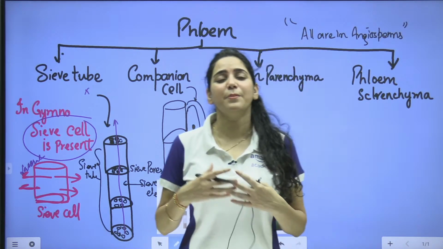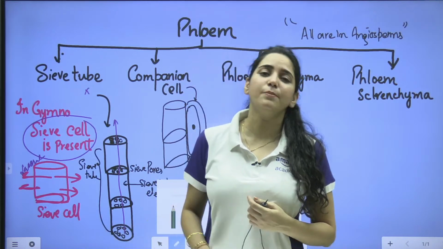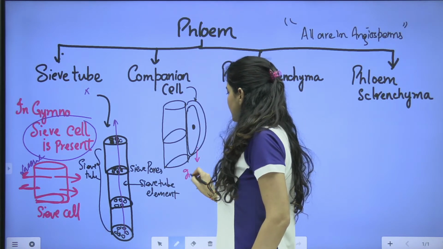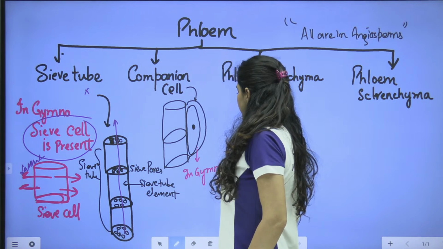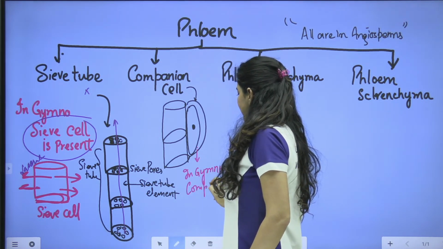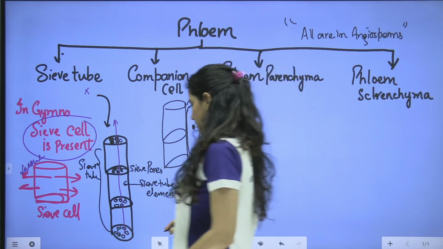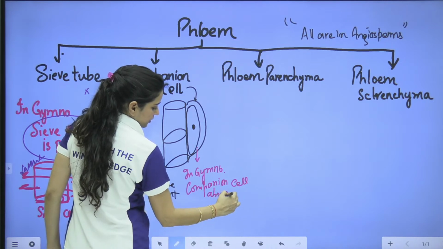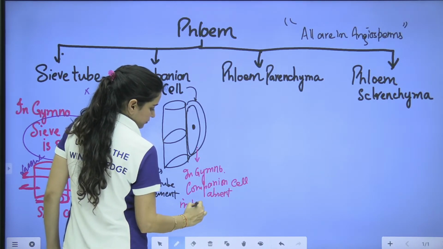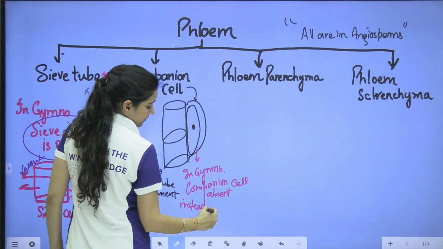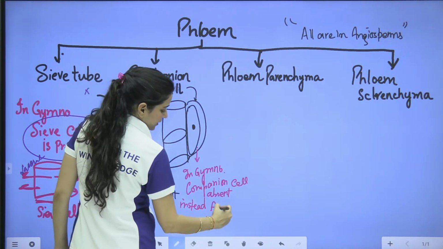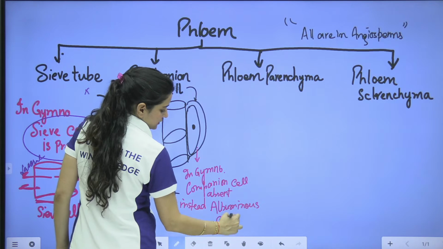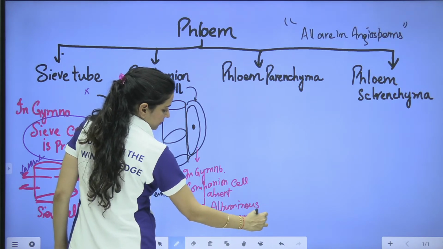In fact, there are some other cells which are known as albuminous cells. तो यहाँ पे मैं लिख देती हूँ, companion cell in gymno is absent. Instead, what is present? Albuminous cells are present.